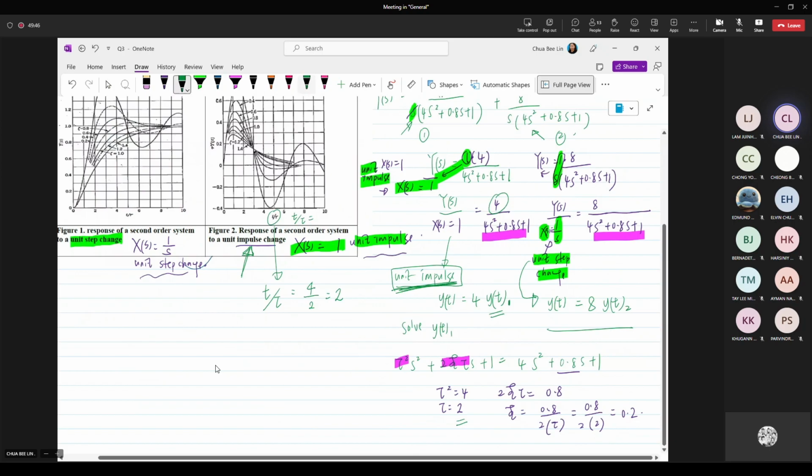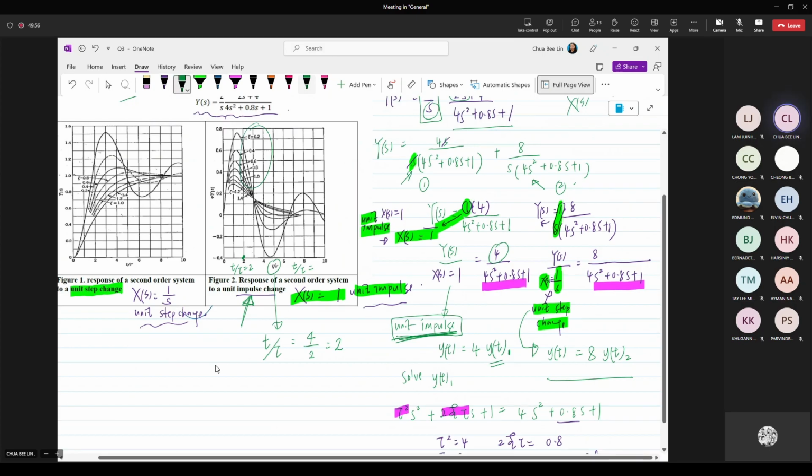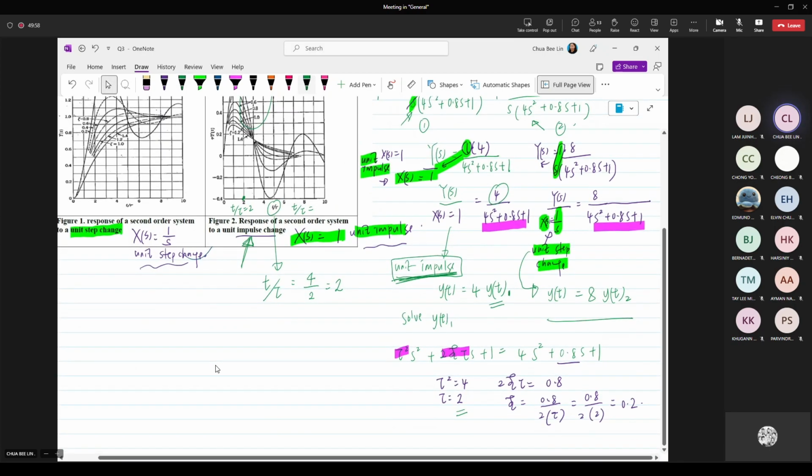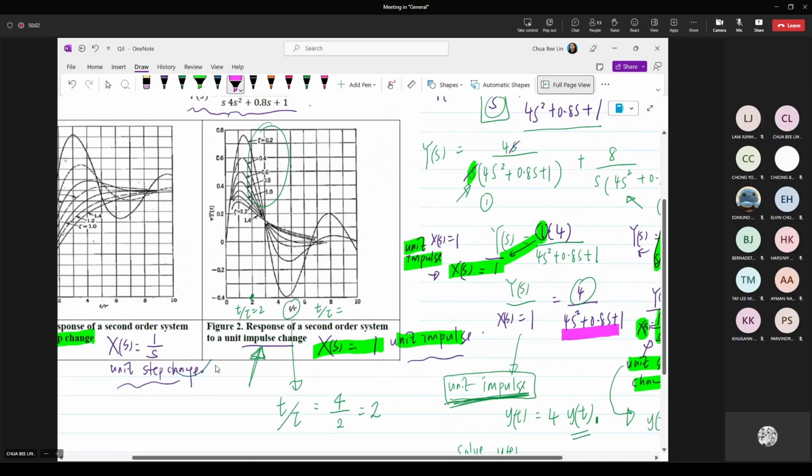So T over tau equals 2. Then you have the damping factor here. You have calculated the damping factor as 0.2. So you'll be using 0.2, which is this one. So you go up, touching this line, and then go here.